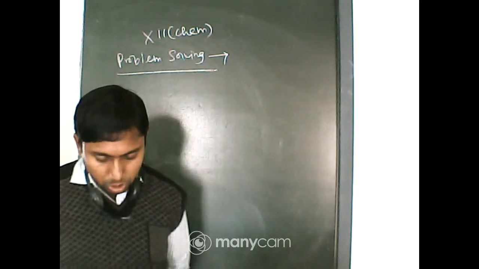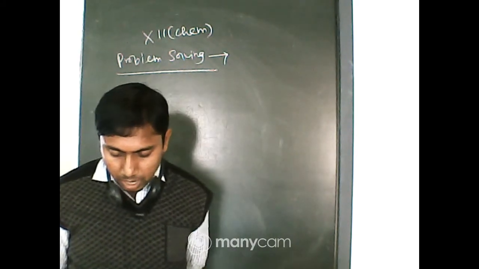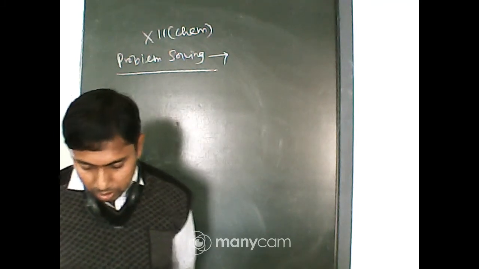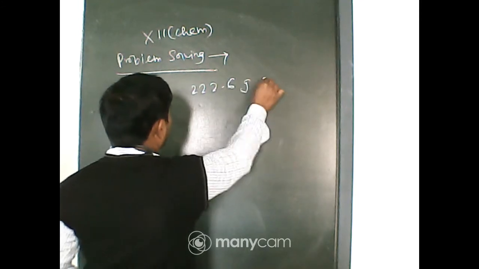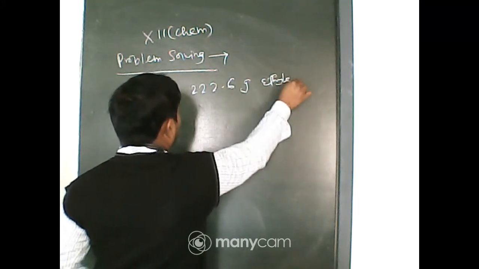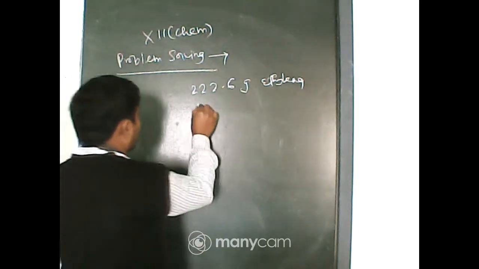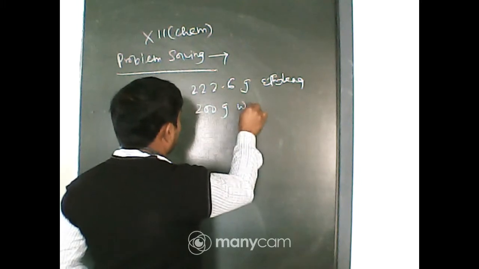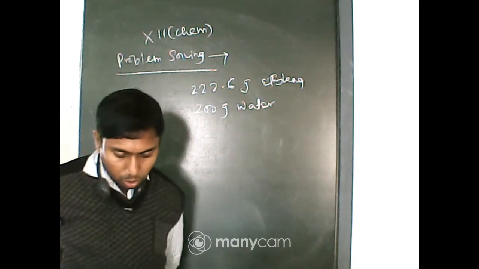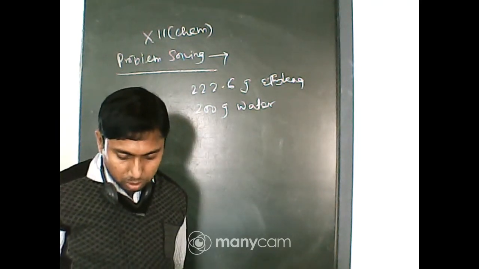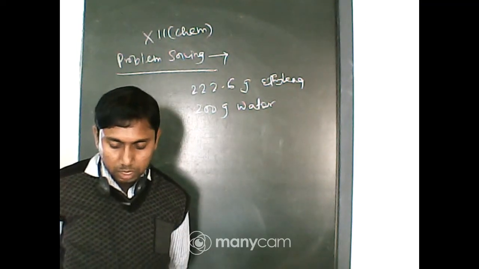An antifreeze solution is prepared from 222.6 gram of ethylene glycol and 200 gram of water. Calculate the molality of the solution if the density of the solution is 1.072 gram per ml.